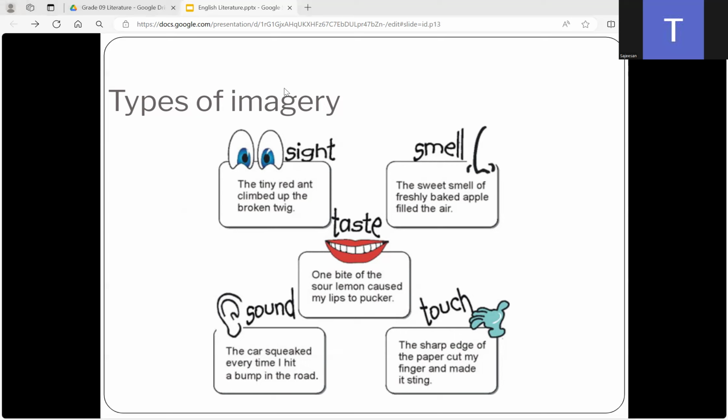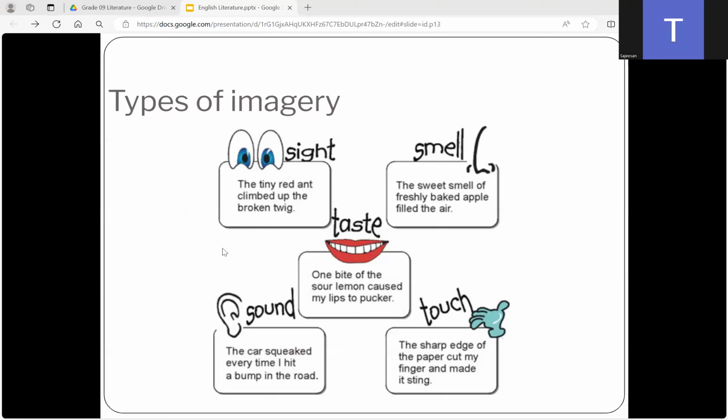One bite of the sour lemon caused my lips to pucker. Sound. The car squeaked every time I hit a bump in the road. Touch. The sharp edge of the paper cut my finger and made it sting.